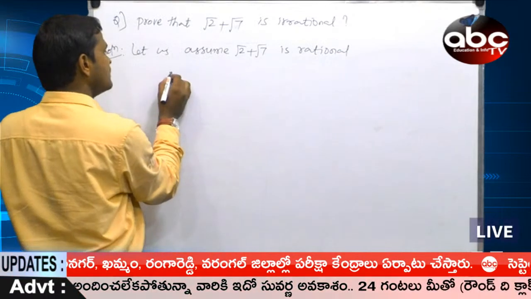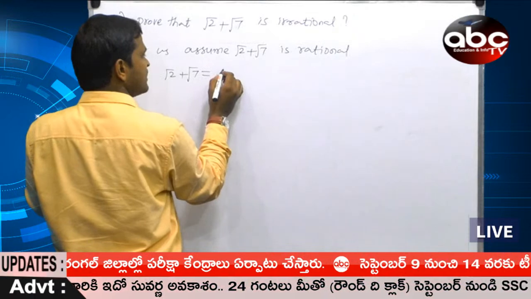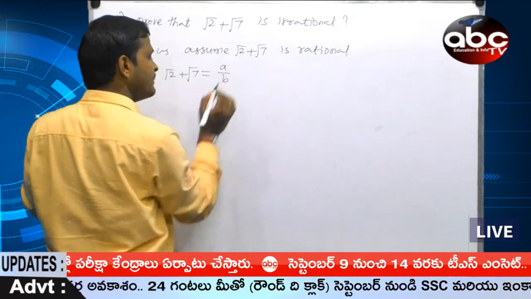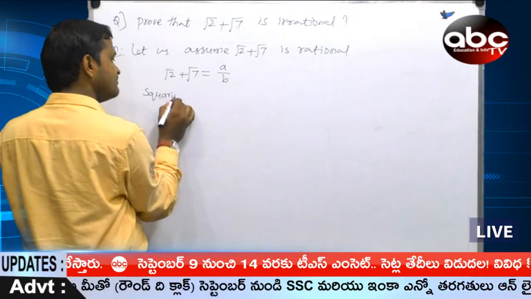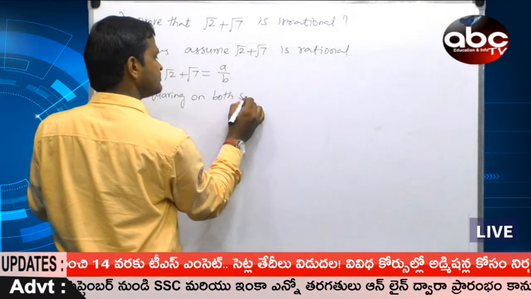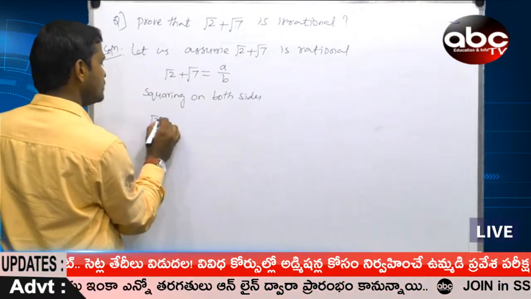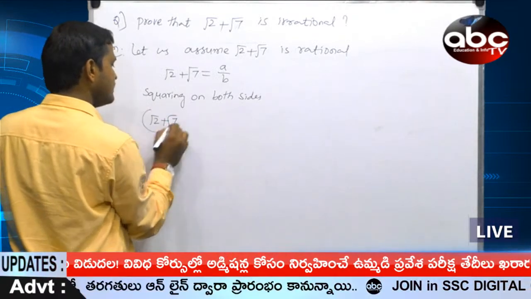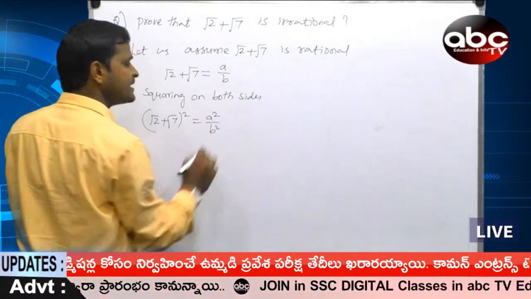That means root 2 plus root 7 is equal to a by b. Now squaring on both sides. Root 2 plus root 7 whole square is equal to a square by b square.